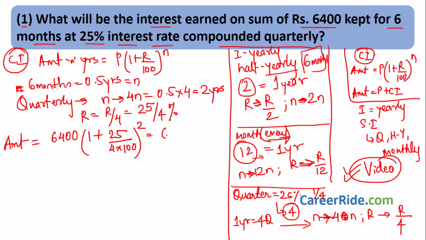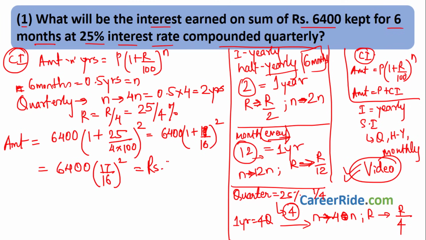What do we get over here? 6400 (1 + 1/16) squared, that would be 6400 (17/16) squared. That you will get as 7225. So you will get 7225 as the answer. That is the amount after 6 months.